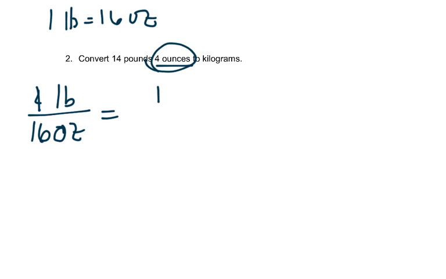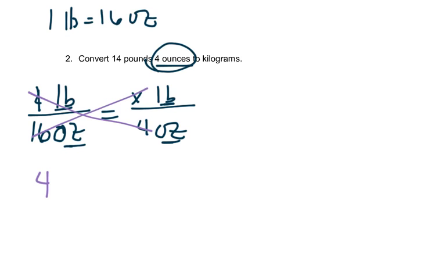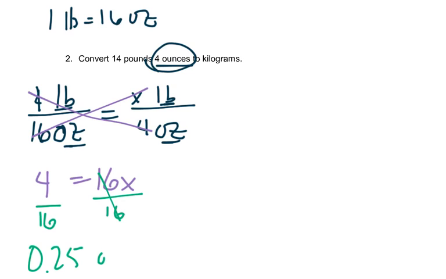Well, we don't know the pounds, so we're going to have x pounds over 4 ounces. Remember that we need to keep our units lined up across from each other. So cross multiply, 1 times 4 is 4. 16 times x is 16x. Divide both sides by 16. We get 4 divided by 16, and we get 0.25 pounds. That's what we were trying to find here.